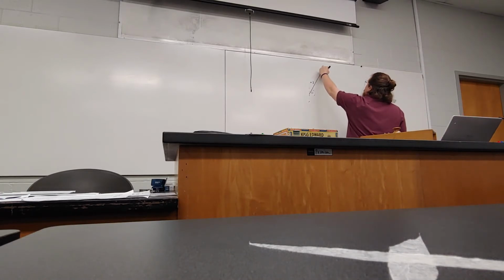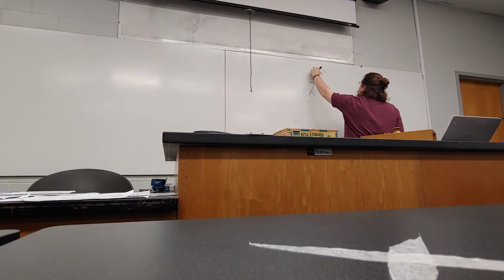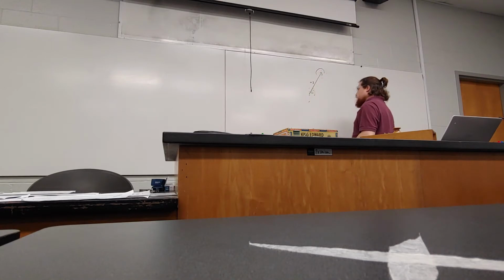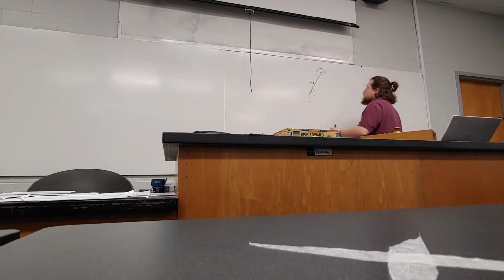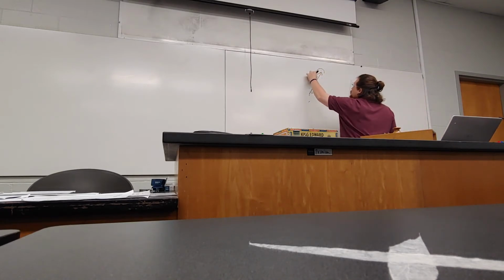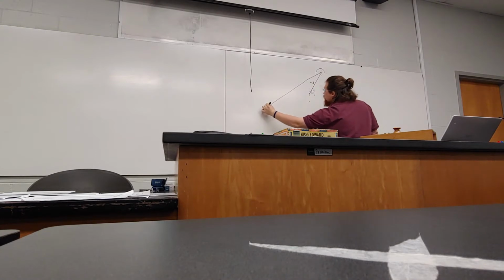Starting from the x-axis, 223 degrees would go here. That would be about 43 degrees into the third quadrant. So line B would do this.